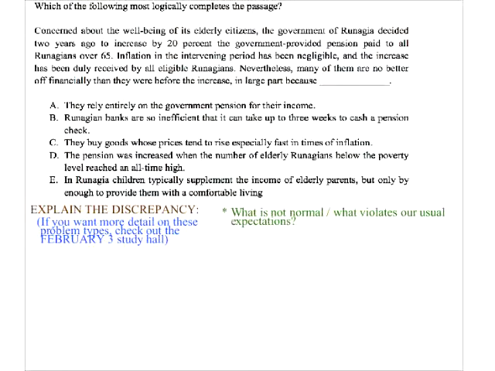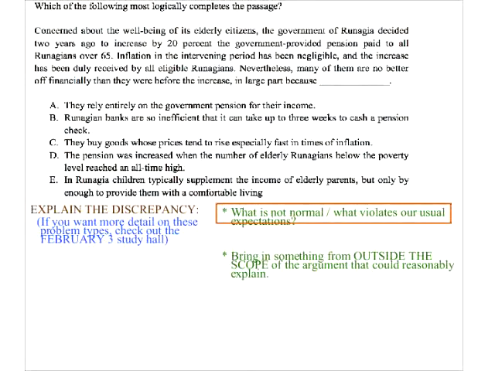And then bring in something from outside the scope of the argument that could reasonably explain. So let's answer this question. Like in this argument, what is not normal? Like what violates our usual expectations in this situation? Text box, please.